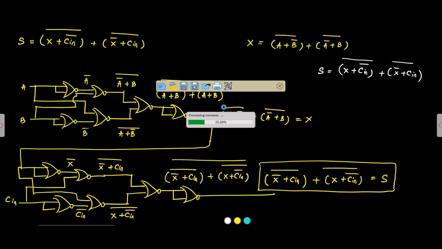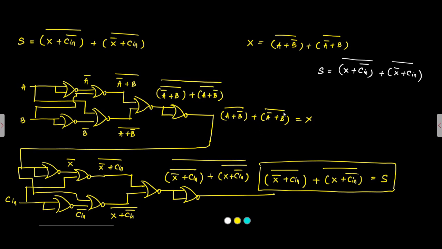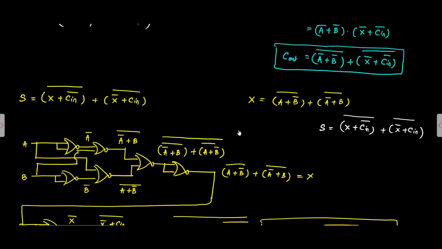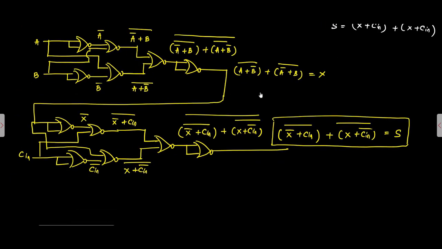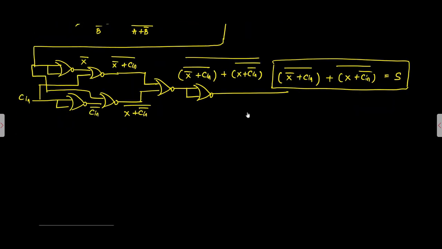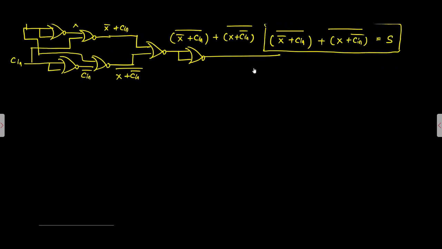Next we need the carry, which is (A bar or B bar) whole complement, or (X bar or C in bar) whole complement. I will show it in a separate logic diagram, because if I involve it here, it will be a bit complicated.